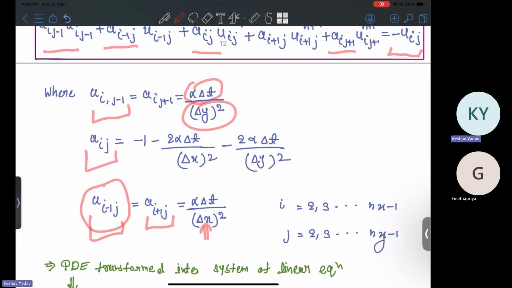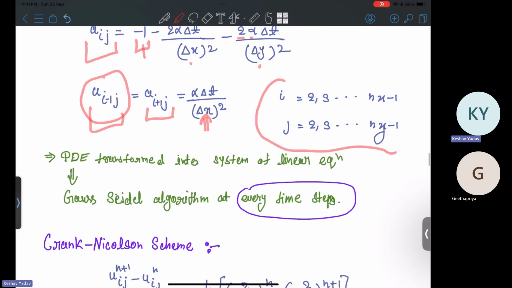And aij, these are a, not u. So aij will be equal to minus 1 minus 2 alpha delta t upon delta x square minus 2 alpha delta t upon delta y square. These are for interior points.